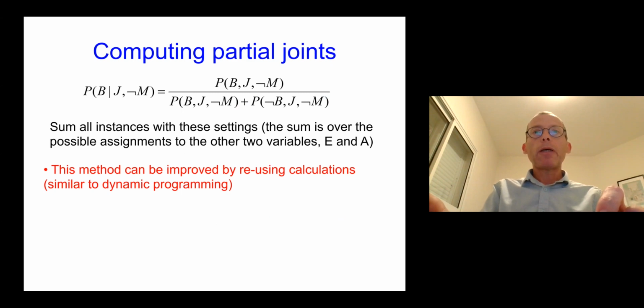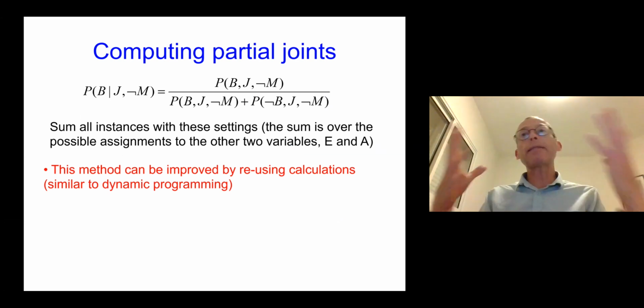Now, there are ways to improve it, and we'll talk about them next time. There's something called reusing calculations and so forth. This is similar to dynamic programming. We'll get to that. But obviously, even that is only going to provide improvement in some cases.